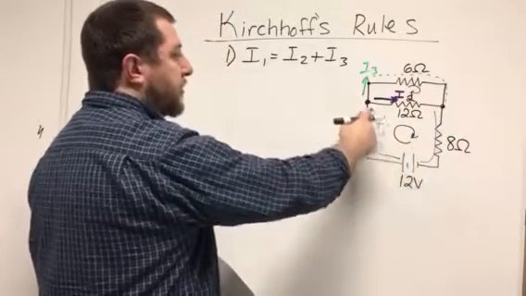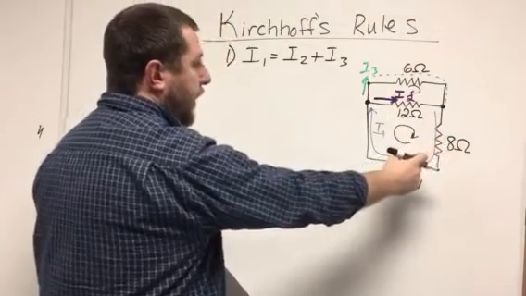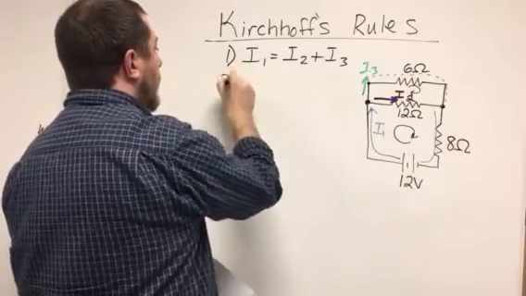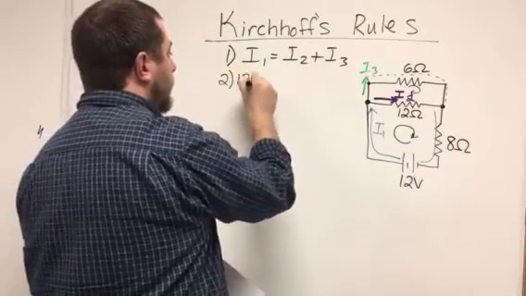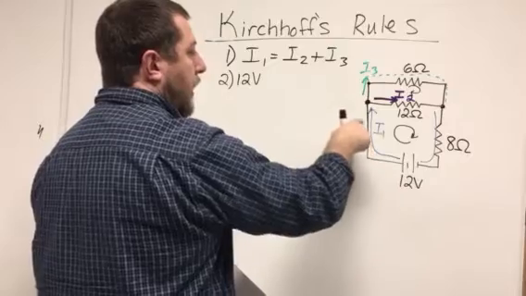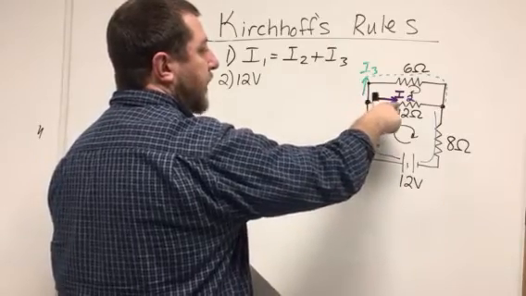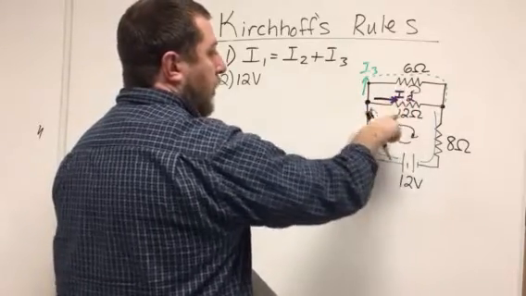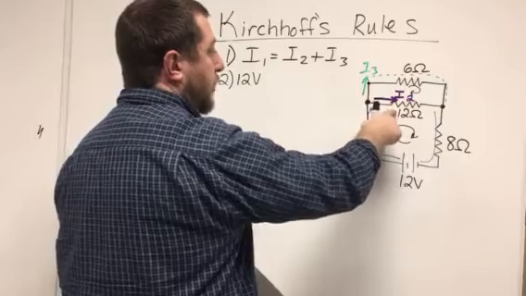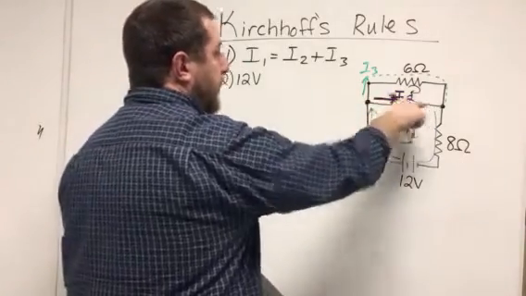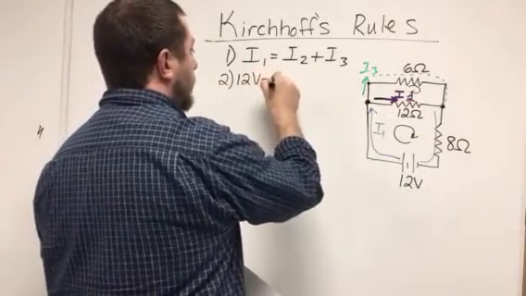we see that we traverse the battery from the negative terminal to the positive terminal. So in my second equation, this is going to be 12 volts. And then I traverse resistor 2, this 12-ohm resistor, in the direction of I2, so this is a drop in voltage.